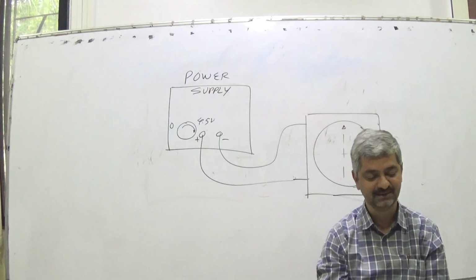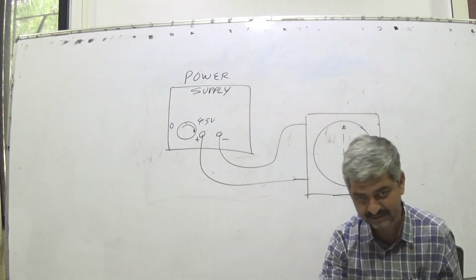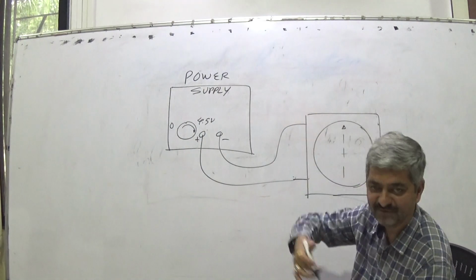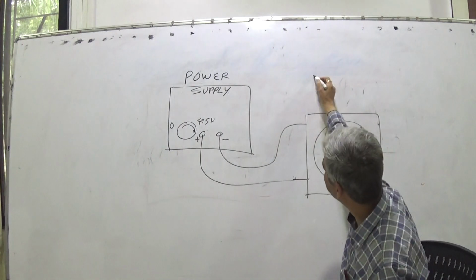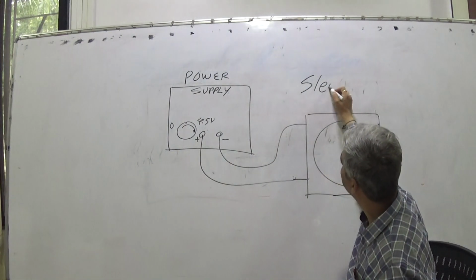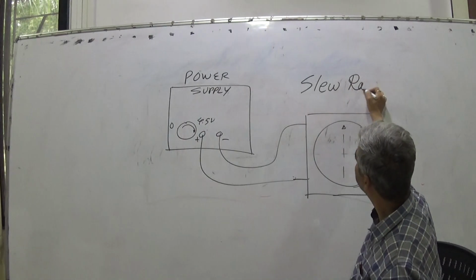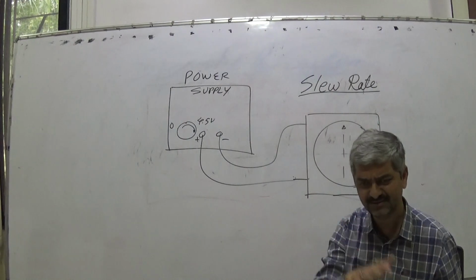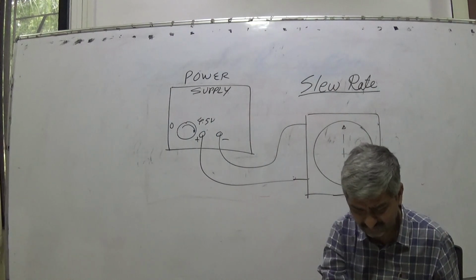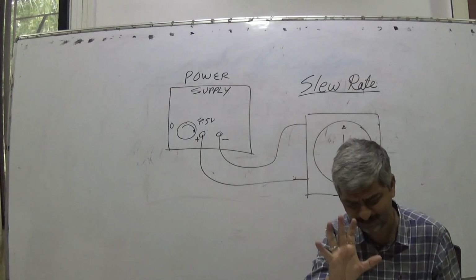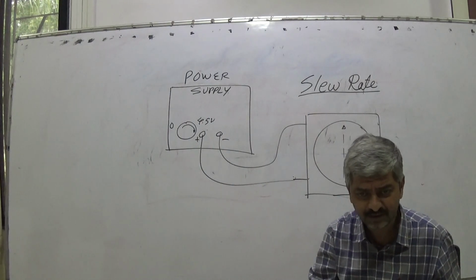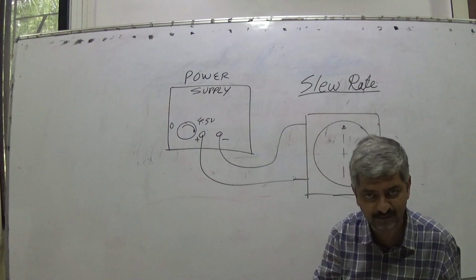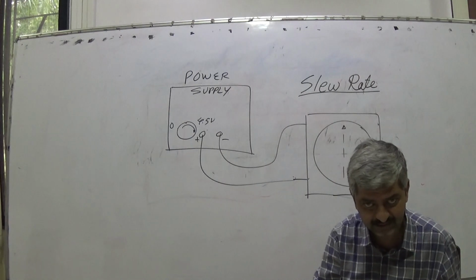So that I will define as, in operational amplifiers it is defined as slew rate. It is very similar to that. It's not required by you later on, but just for understanding, the permanent magnet moving coil galvanometer is converted into a voltmeter.